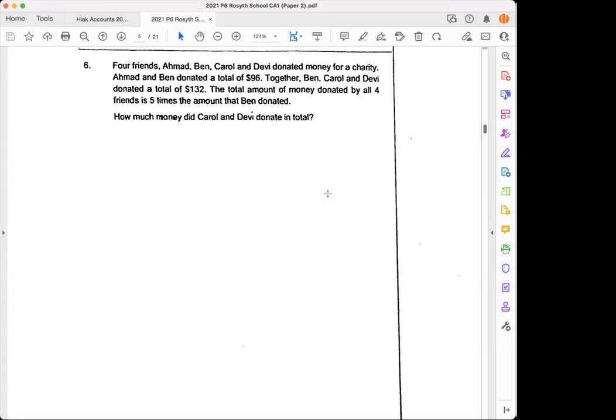So there are altogether 4 people: Ahmad, Ben, Carol, and Davy. The first statement tells you Ahmad and Ben donated 96, so I record it this way: A and B is 96. Next statement, Ben, Carol, and Davy donated 132.